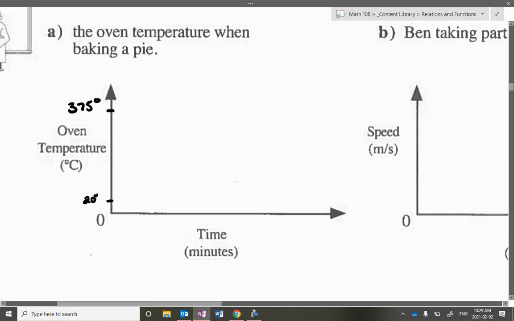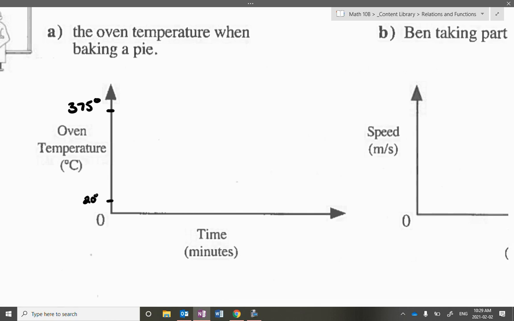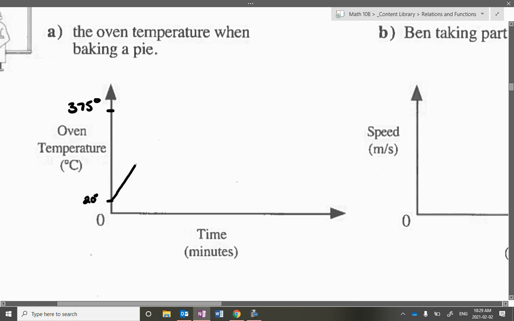Right? Our oven isn't starting at 0 degrees Celsius because our house isn't at 0 degrees Celsius. When you bake a pie, you have to preheat your oven first, right? That takes time. So there's going to be a period of time where my graph is slowly increasing up to my 375 mark. Bake my pie for 30 minutes.